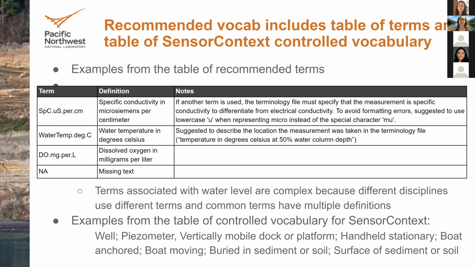Different disciplines use different terms. Terms that seem the same are defined differently. There's a lot of complexity there. And so we currently have quite a lot of terms, and we're still developing that list. If you have specific opinions about water level terms, please reach out. Love to hear your thoughts. Those conversations have definitely been super important.